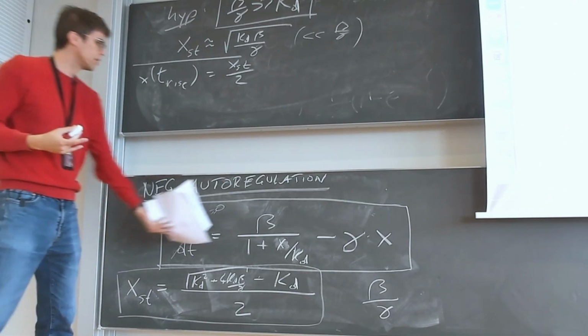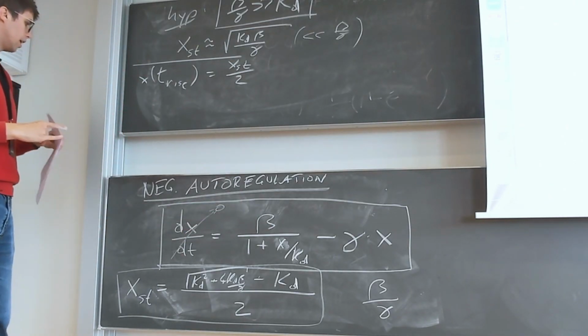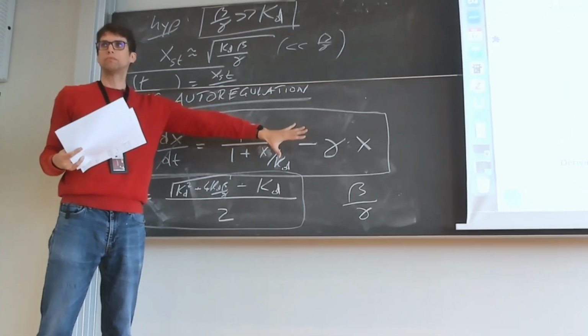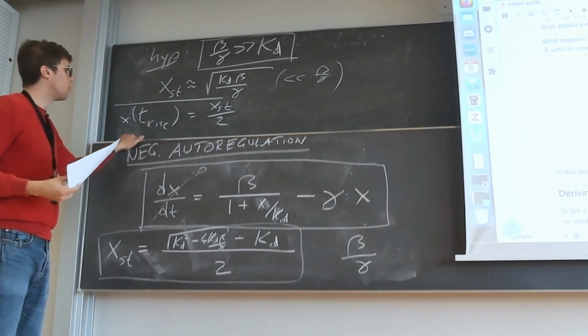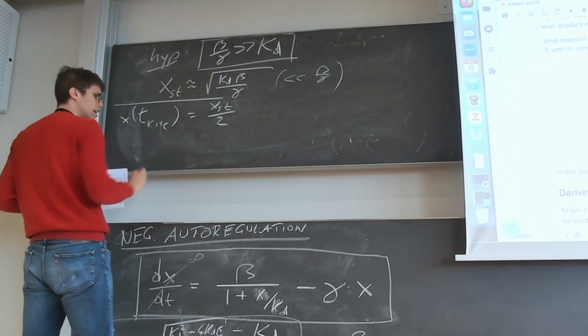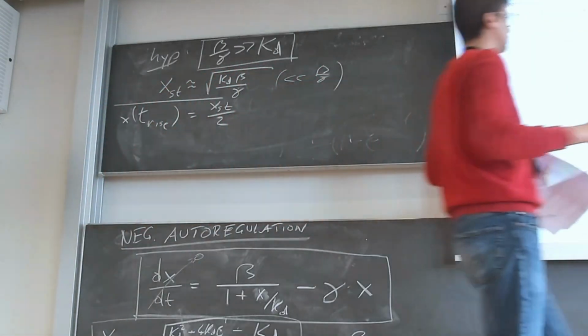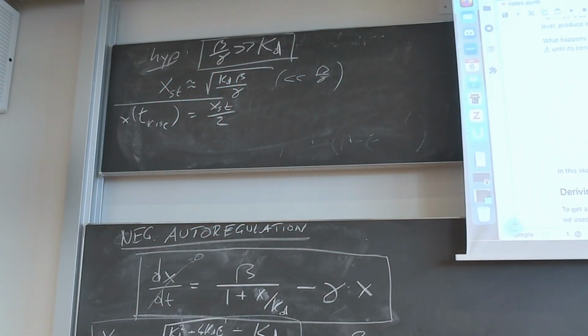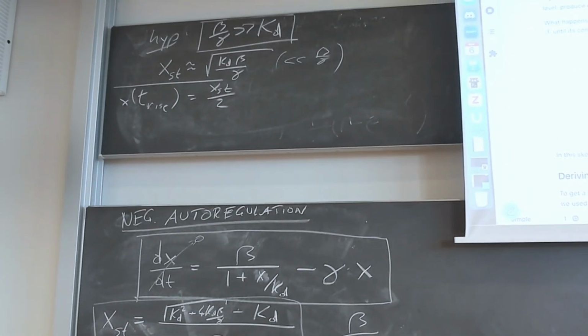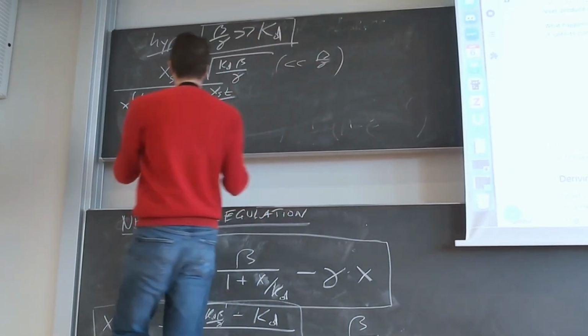Now for a much more complicated system, it turns out that you cannot, in a closed form, solve this ODE. So we need to do some more work to figure this out. And you can. You got the details in the lecture notes, but you see that the first phase will be very quick because you're not hitting a target that is as high as beta over gamma. And then the second phase will be slower.